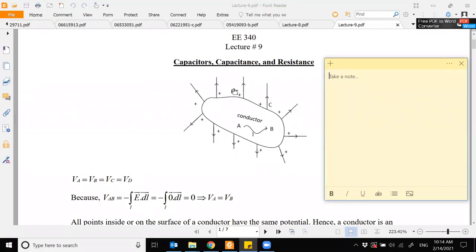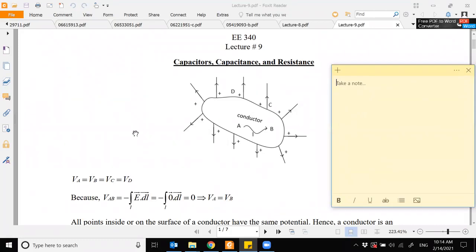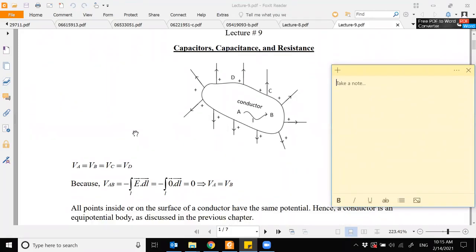So this should all be 90 degrees. This is what we have studied about the conductor, and we have also studied an equipotential body. For an equipotential surface, wherever you go on that surface, your potential will be the same, right?